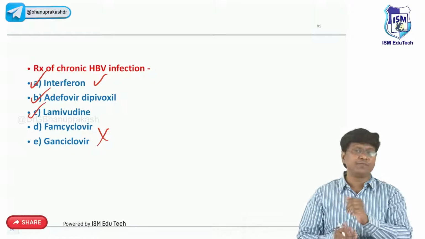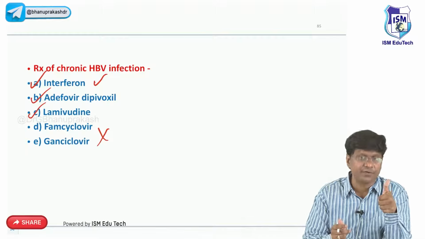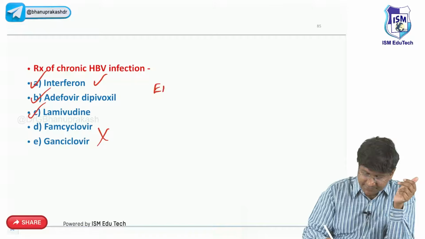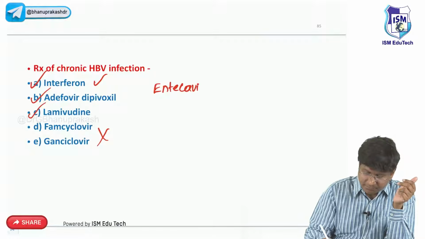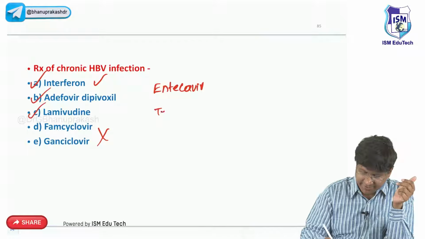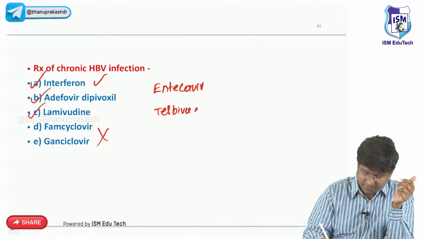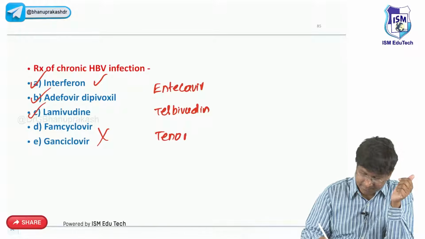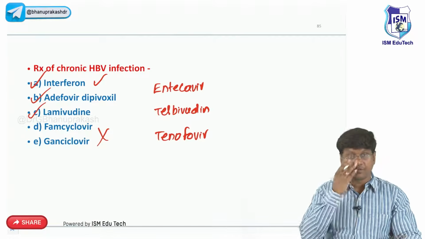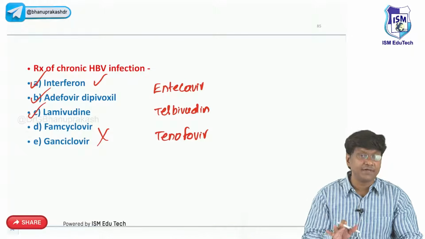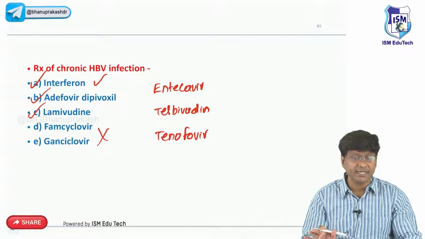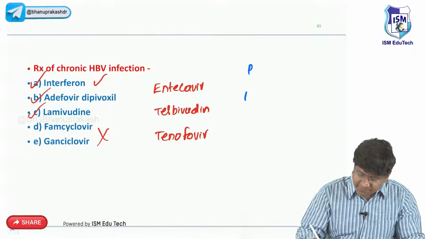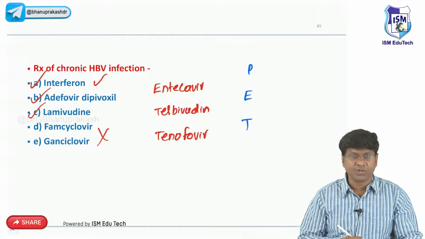So the drugs we give for hepatitis B infection are interferon, lamivudine, adefovir, entecavir, telbivudine, and tenofovir. These are the drugs given for chronic HBV infection, right? But out of all these, which are the first line drugs? The first line drugs will be PET. What does this PET stand for?